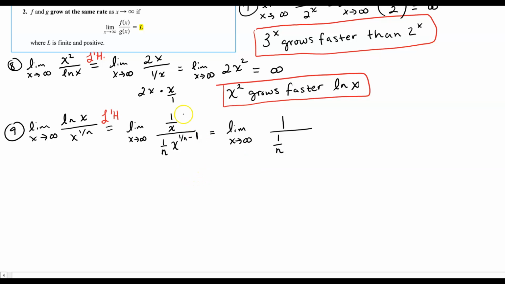The 1 over x is really x to the minus 1, but it's in the denominator, so we end up with a plus 1 scenario down here, leaving us with x to the 1 over n power. Think about it: x to the 1 over n is in the denominator. It's a power.